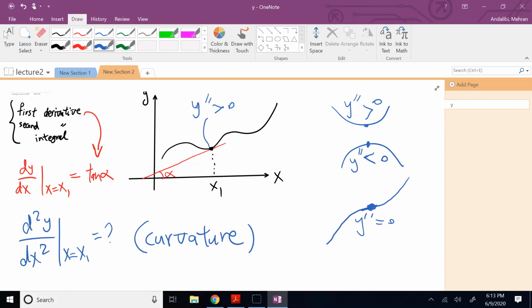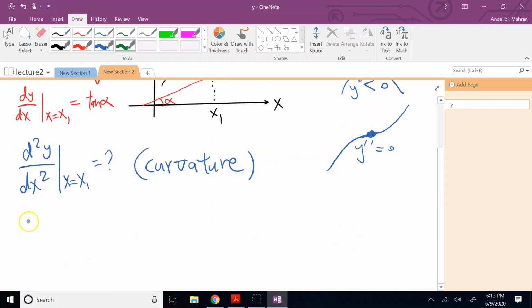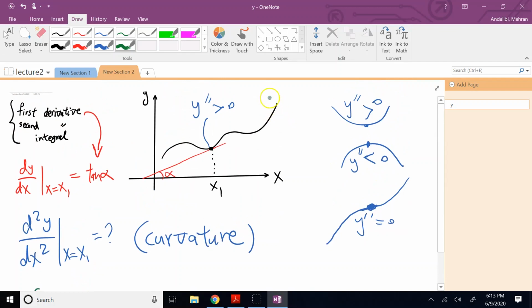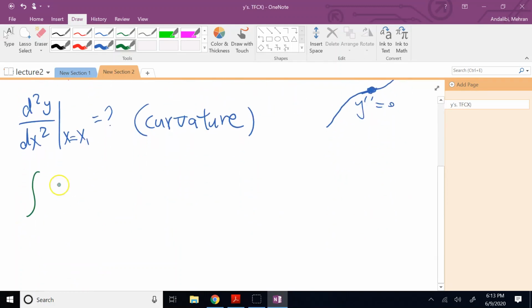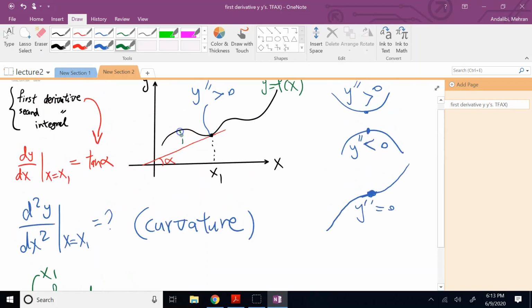And what is the integral? We know it's the area under the curve. So if I say the integral of this function, if I call this function y equals f of x, and if I say what is the integral of f of x dx, x from x naught to x1, and x naught is, let's say, a point here. This is, from your calculus, what?